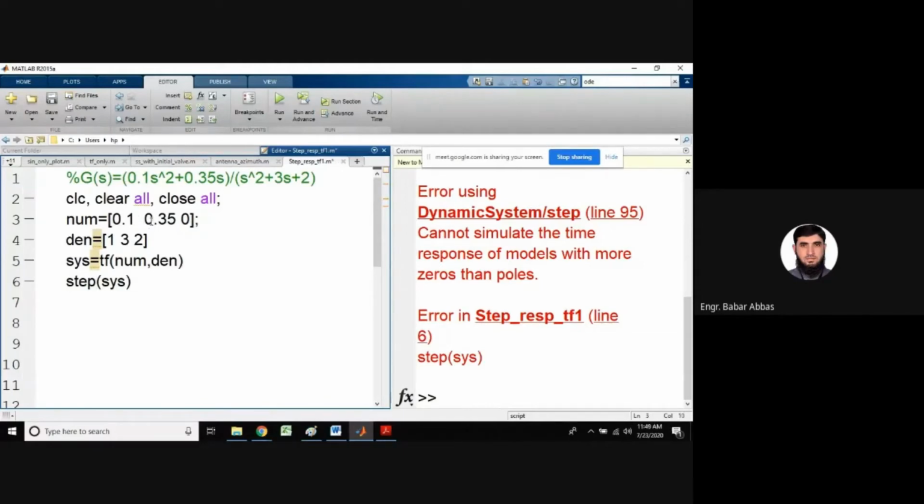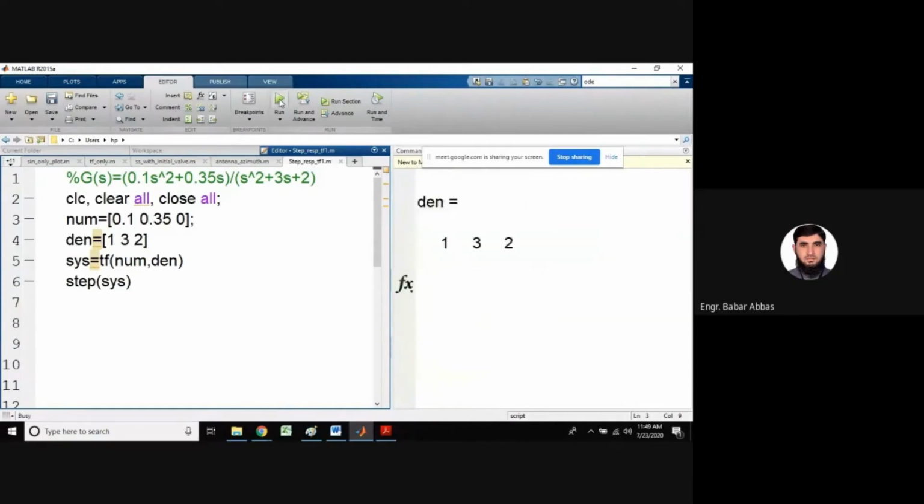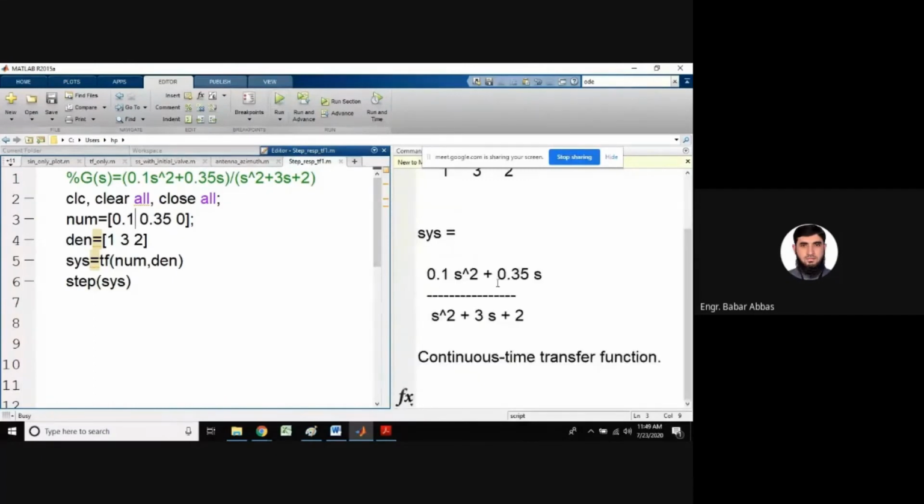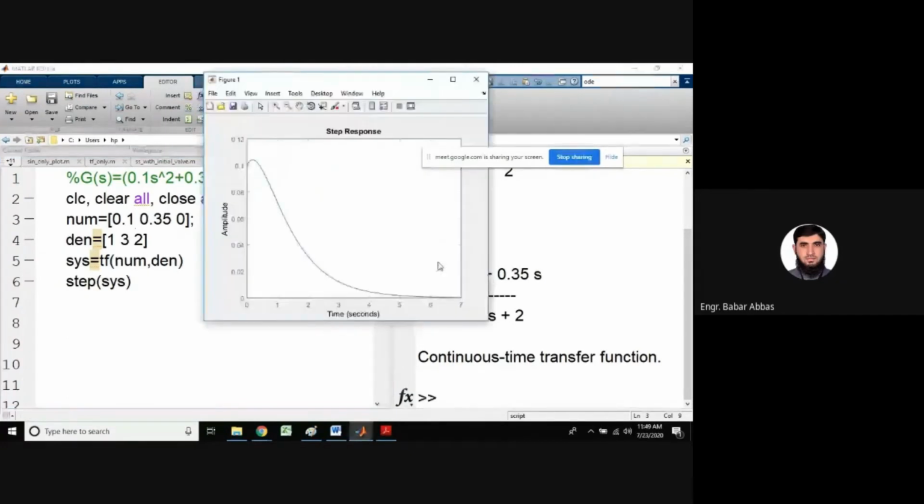This is 0.1, followed by 0.35 and 0. Yes, fine. So this is the transfer function 0.1 s square plus 0.35 s. I had mistakenly added one extra 0 here from my side. This is the step response.